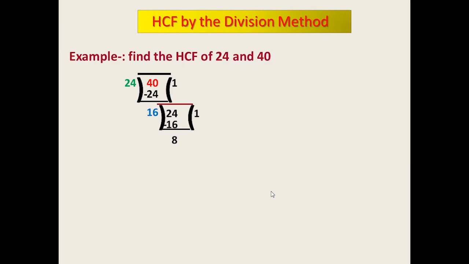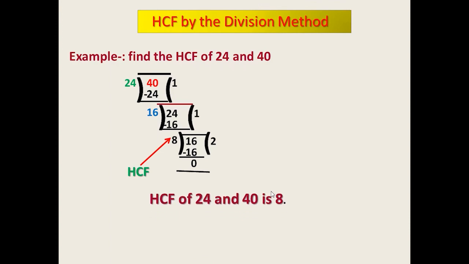Now divide the last divisor, that is 16, by its remainder. So 8 twos are 16. Now remainder left is 0. So the final divisor is the HCF of the given numbers. So the HCF of 24 and 40 is 8.